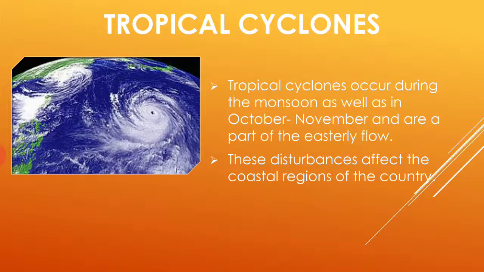So, tropical cyclones. Tropical cyclones occur during the monsoon as well as in October to November and are a part of easterly flow. These disturbances affect the coastal regions of the country.